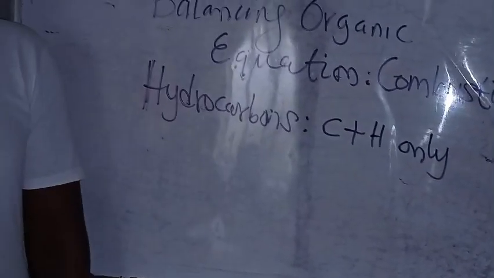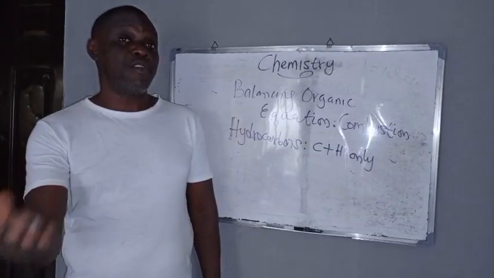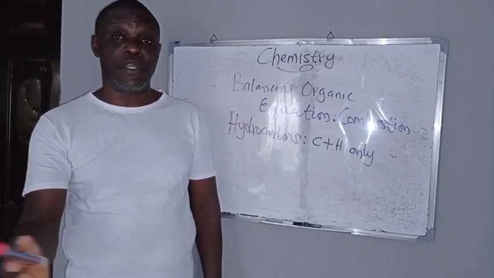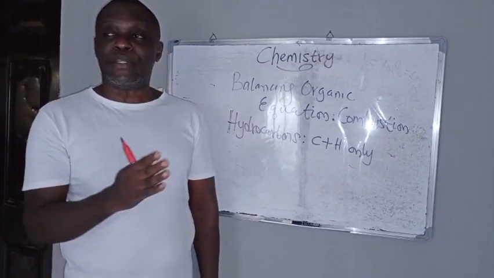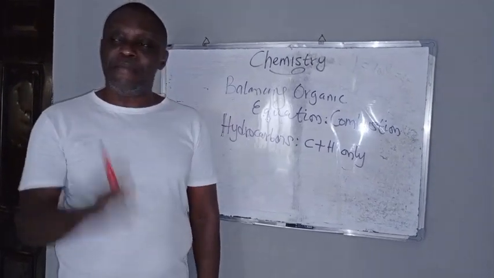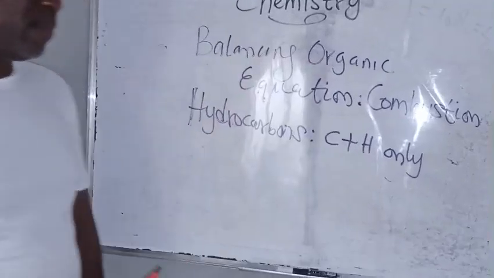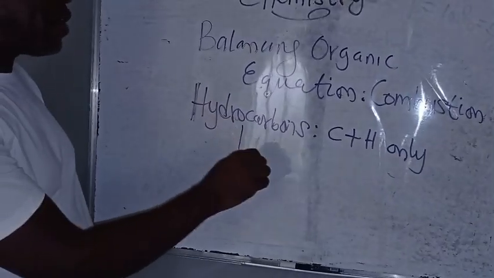Other organic compounds can have other elements like the halogens, the sulfur, the nitrogen, and so on. But hydrocarbons are specifically made up of these 2 elements, carbon and hydrogen.